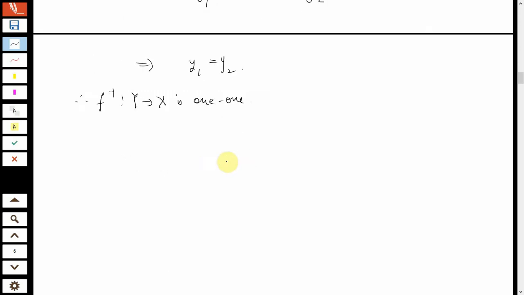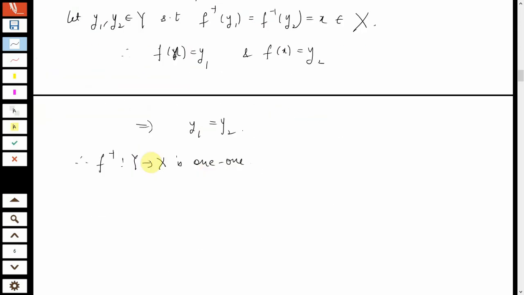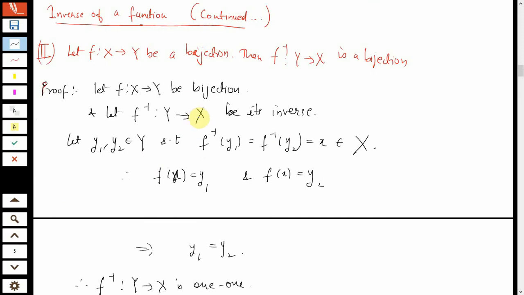Next, to show that f inverse from Y to X is onto. So for that I'll start with any point in X. Remember that here the map is f inverse. So I'll start with any point in the codomain of f inverse, and I'll show that it has a pre-image through f inverse.